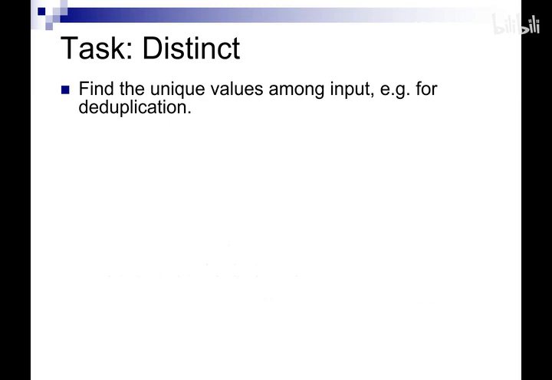Okay, so the next task is, let's say that we want to find distinct values in the input. For example, we want to do deduplication. So we have a bunch of key value pairs, but some of these values might be repeated, and so we want to take all of those out.